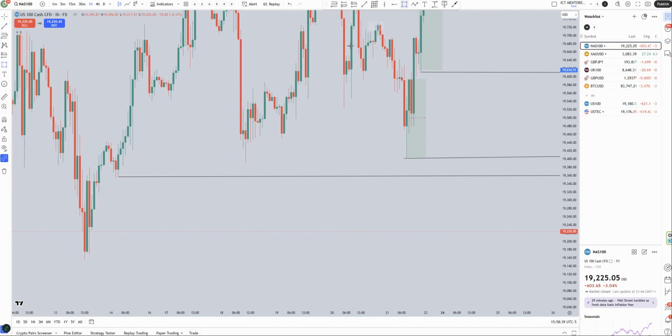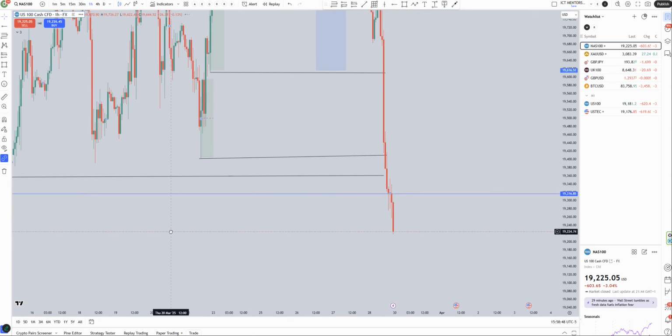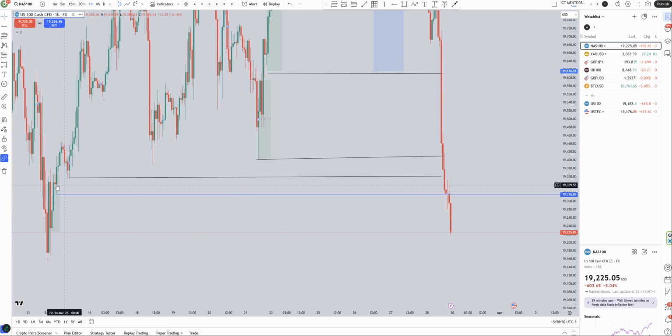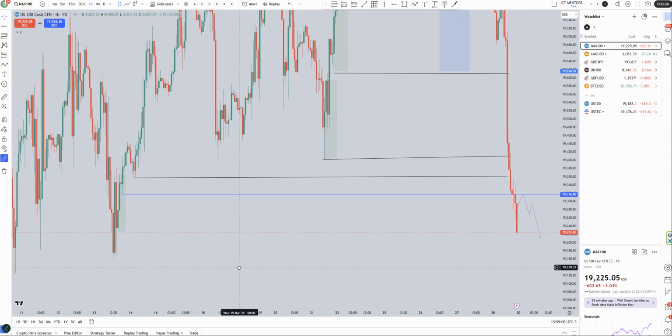So this was the expansion. This is the OB that closed below it. So now we've CSD'd this, we've closed below this. So if this was not end of the day, I'll be thinking of something like this and down. That's the end. 1 hour trading.